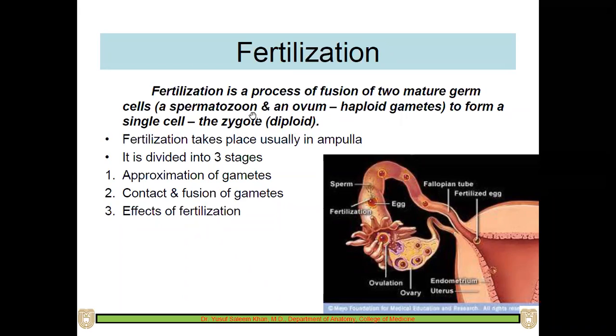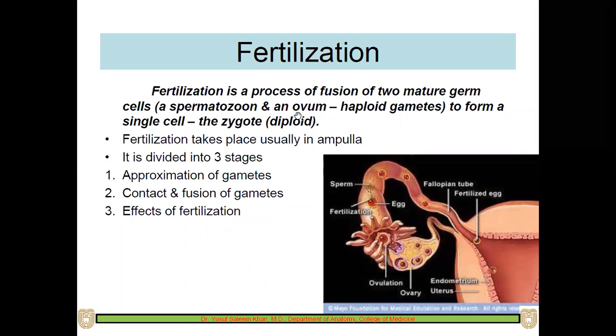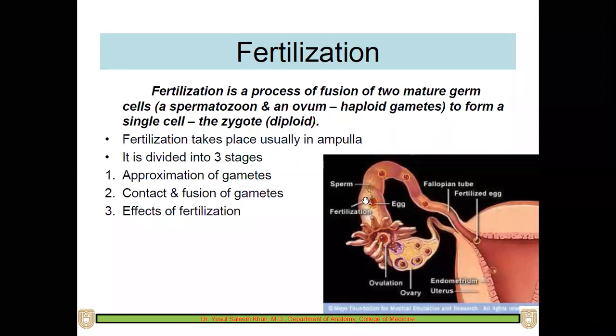So that process of fusion of the male and the female germ cells, that is the spermatozoon and the ovum, to form a single cell, the zygote, is called fertilization.